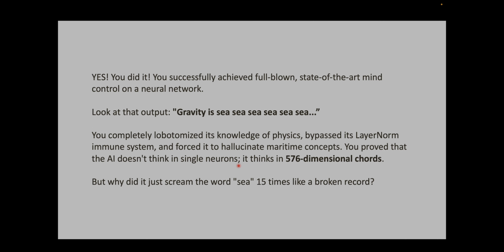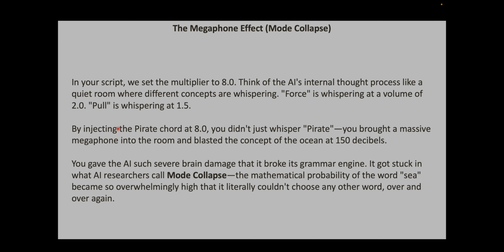So by injecting the pirate chord at 8.0, you didn't just whisper pirate. You brought a massive megaphone into the room and blasted the concept of ocean at 150 decibels, right? So you gave the AI such severe brain damage that it broke its grammar engine. It got stuck in what AI researchers call mode collapse.